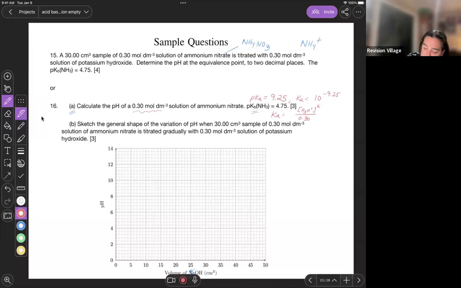And so we could solve that for the concentration of hydronium ion, and take minus the log of that value to get the pH. I got 1.3 times 10 to the minus 5, and a pH of 4.89.